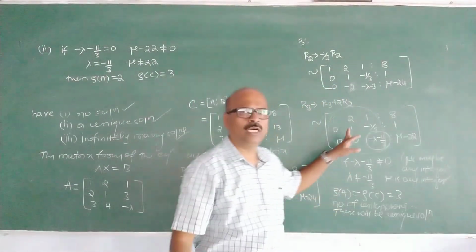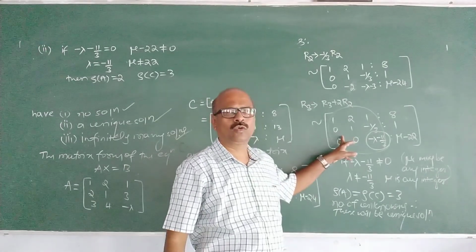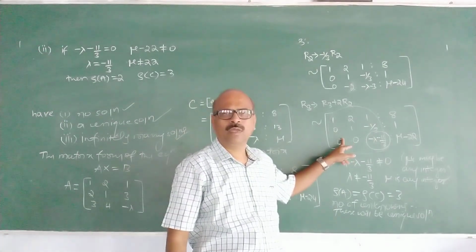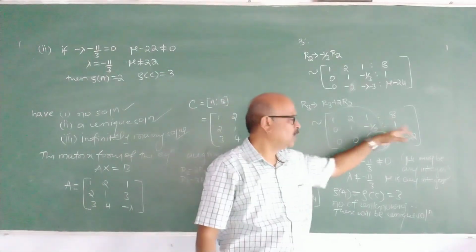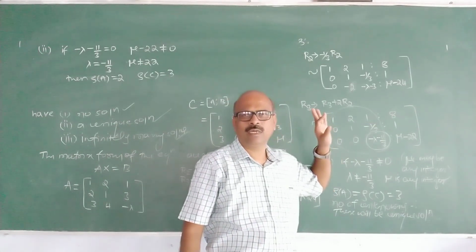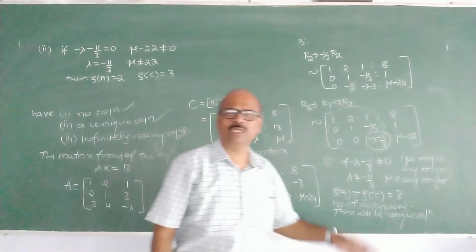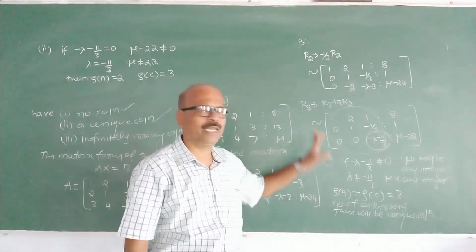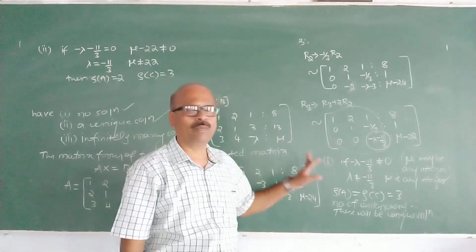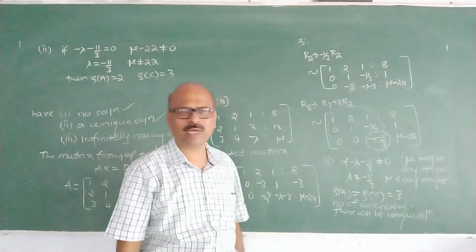You have to reduce the augmented matrix to row reduced echelon form. From that you can study the rank of the coefficient as well as the augmented matrix. It is quite a standard problem, and definitely you can expect this type of problem in the examination for 5 marks.